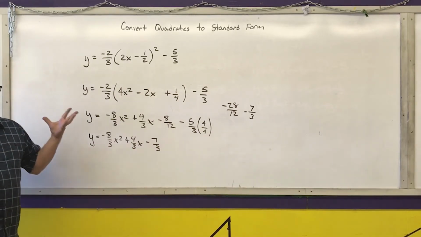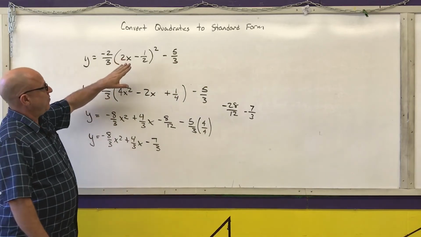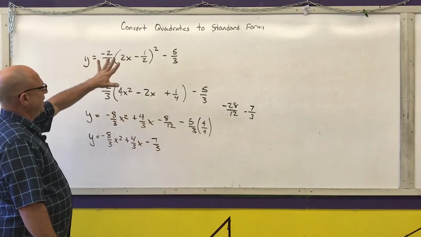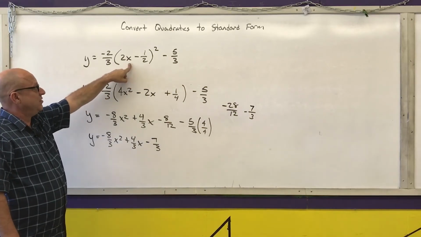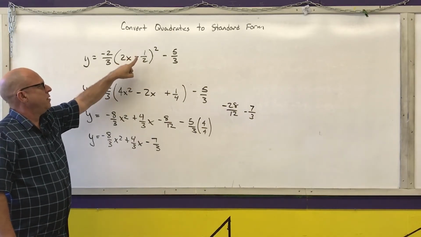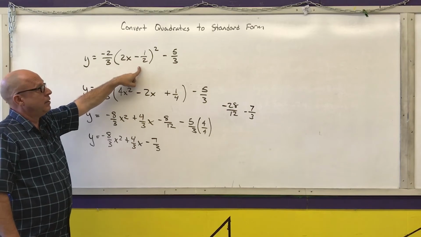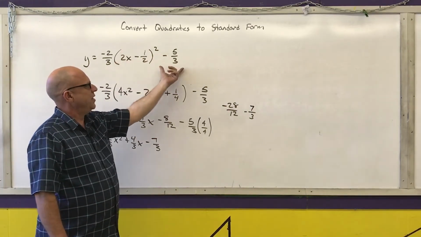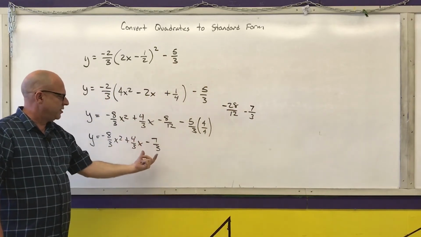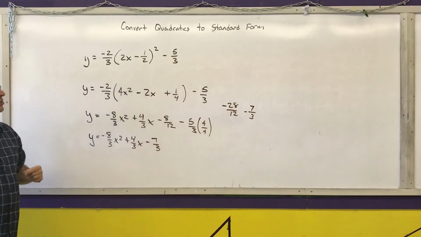Now, let's look at what information I have here. The x-coordinate of the vertex is at 1/4, so the vertex is 1/4, negative 5/3. My y-intercept is at negative 7/3.